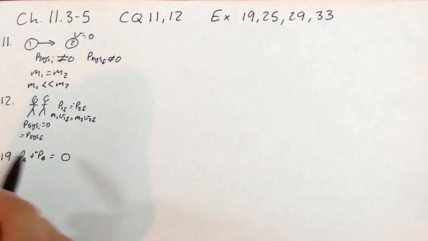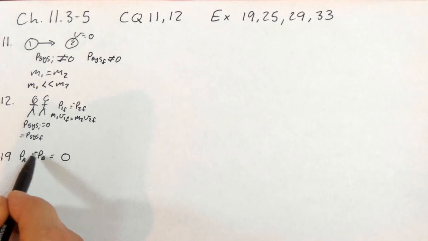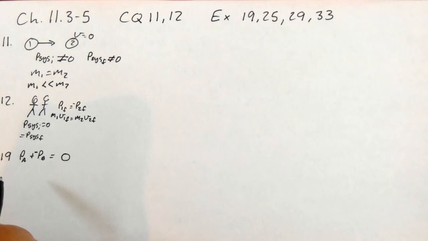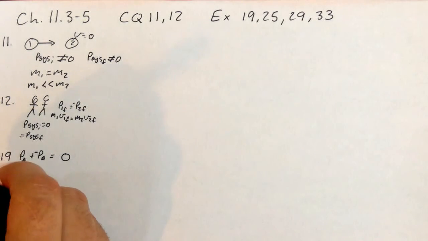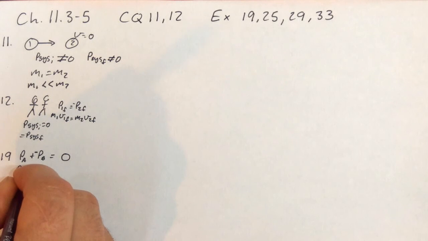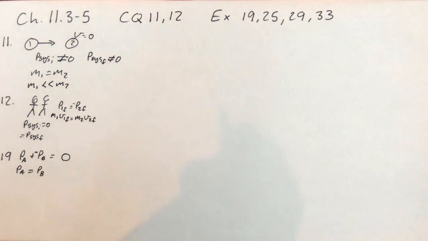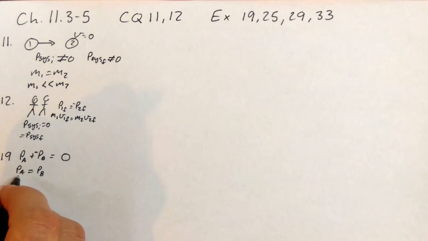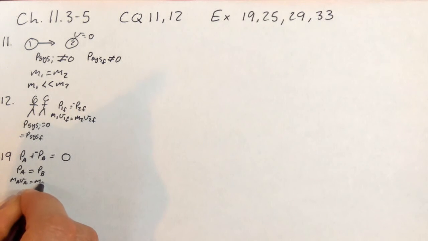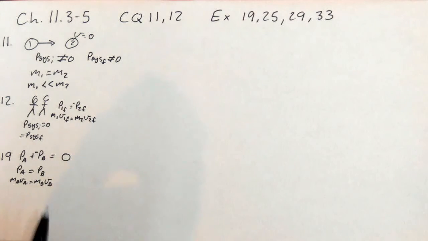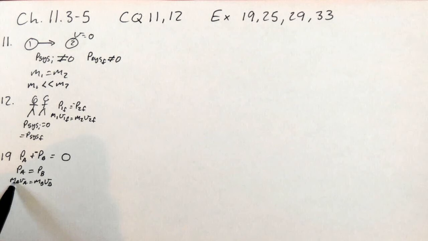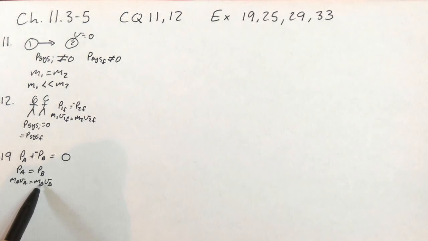Since these have vectors, I would say choose one to be negative, the other positive. And so that means that in the beginning, PA is going to equal PB in magnitude. So this is MAVA equals MBVB. The mass of the big car is twice as big as the mass of the little car.